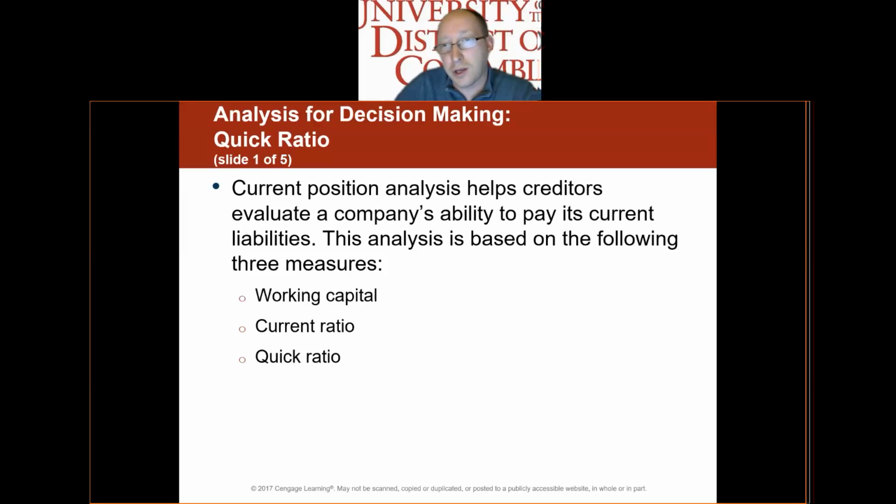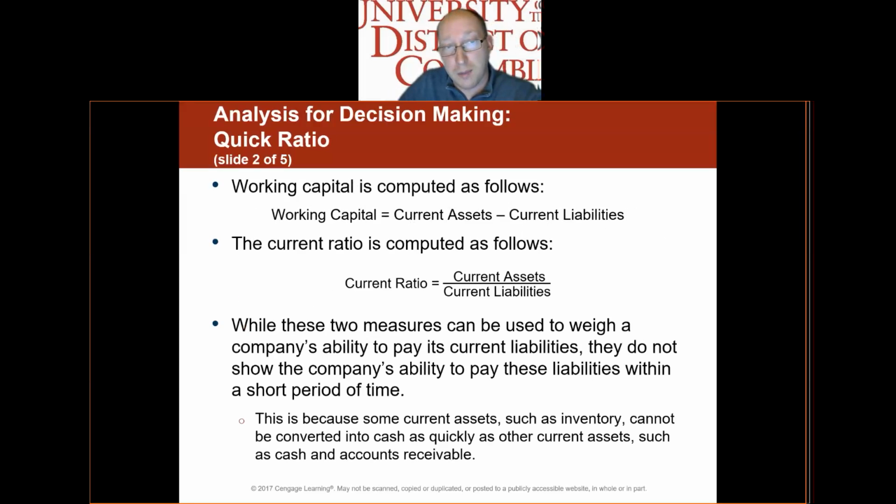These are really good measures to understand the company's ability to repay its current liabilities. I always look at stuff like that before I make an investment in any company. Working capital is a very straightforward formula: current assets minus current liabilities. As we've been talking about for a long time, you can find current assets and current liabilities on the balance sheet.